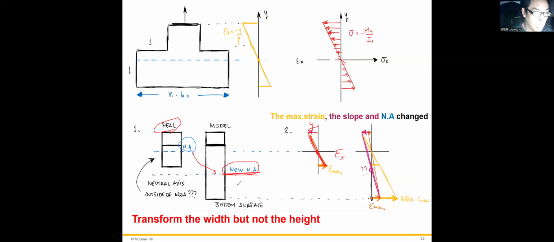We get a new neutral axis right here. At this point the strain should be 0 because it's the neutral axis, from the definition. And this strain versus y will be like this.